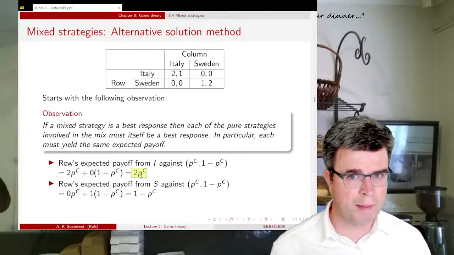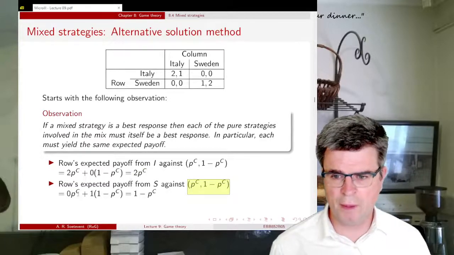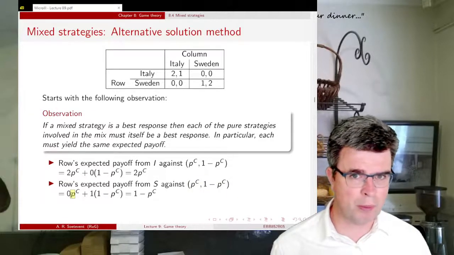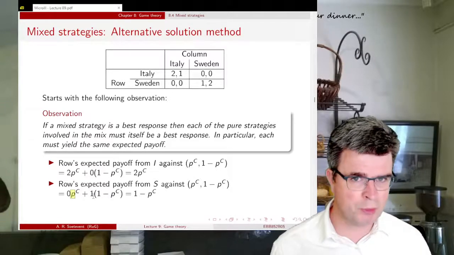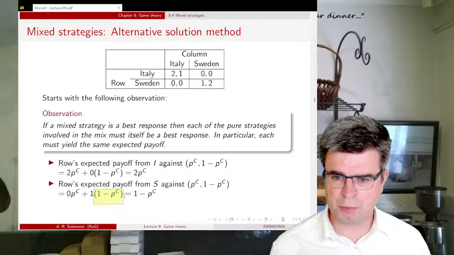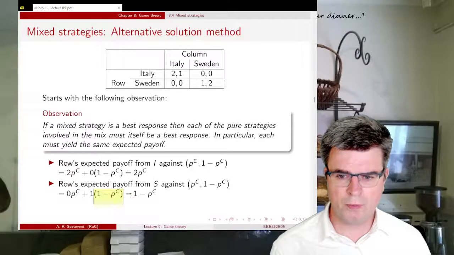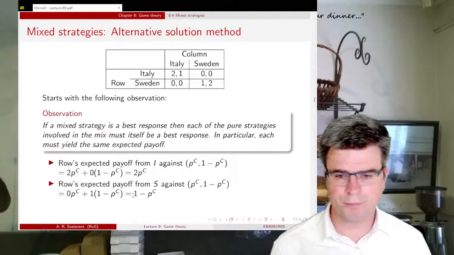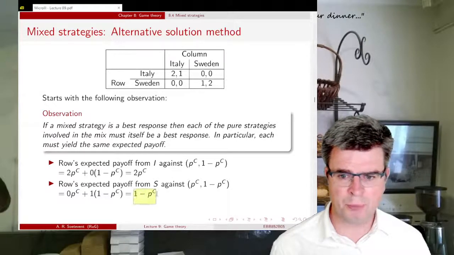If the row player plays that against the column player mixing between the two, if he decides on Sweden, his payoff will be 0 if the column player chooses Italy, which happens with probability PC, and the payoff will be 1 if the column player chooses Sweden as well, which happens with probability 1 minus PC. So the expected payoff of choosing Sweden against this mixing column player is 1 minus PC.